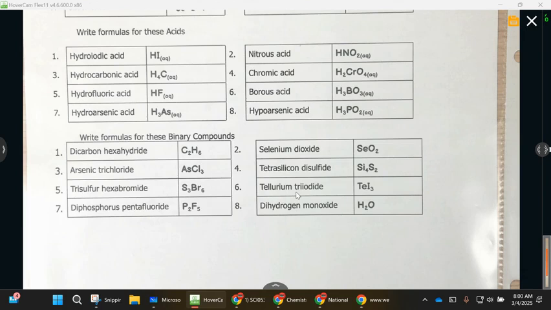Only binary was this number. What was the other one? Okay, so for this one, you take away one of them, because you said ous ends in ite. I got a little confused.